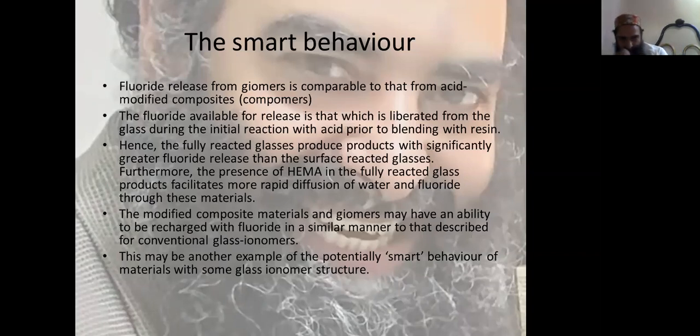Further, the presence of HEMA in the fully reacted glass products facilitates more rapid diffusion of water and fluoride through these materials, as HEMA is hydrophilic. The modified composite materials and giomers may have an ability to be recharged with fluoride in a similar manner to that described for conventional glass ionomer. This may be another example of the potentially smart behavior of material with some glass ionomer structure.